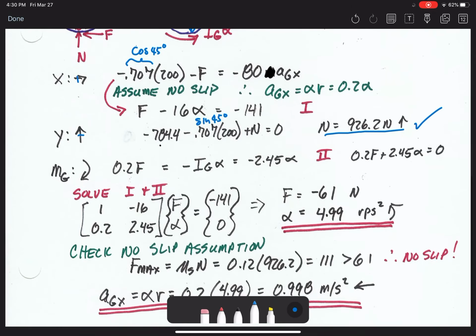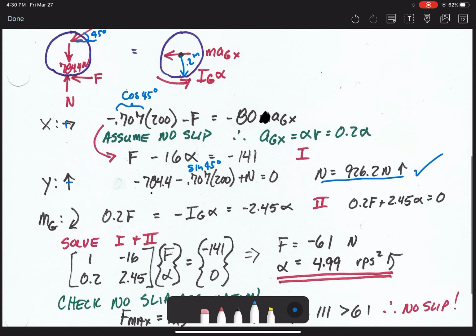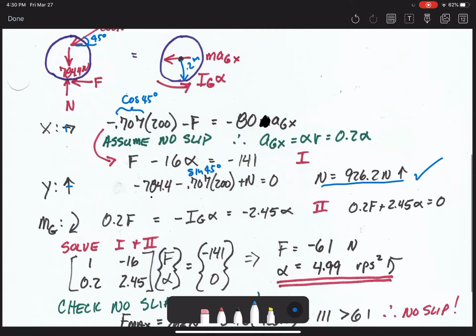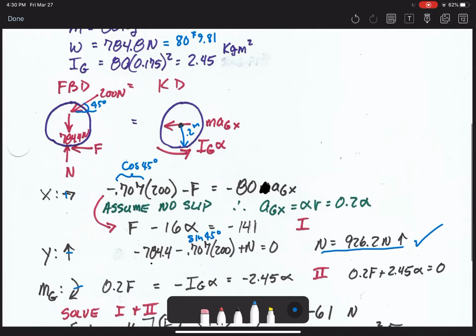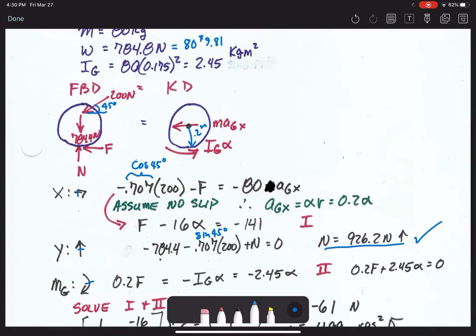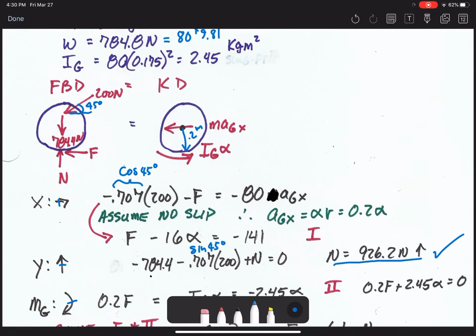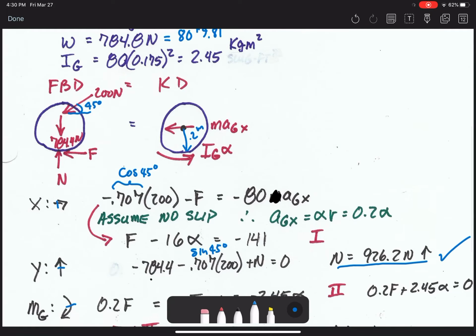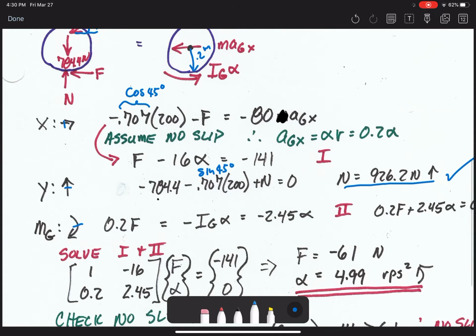From that you have 0.2 F. You assume clockwise is positive, and F is clockwise, while the I_G alpha in your kinetic diagram is counterclockwise. That's why it is negative, negative in I_G alpha. And I_G we already found is 2.45, so it's negative 2.45 alpha.